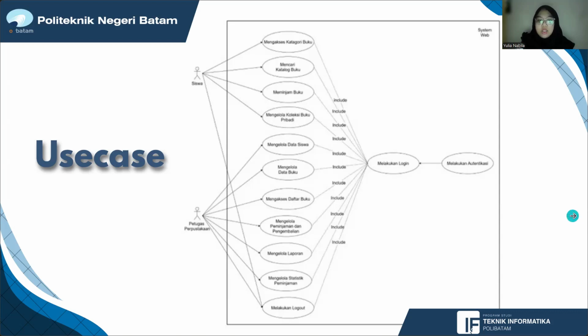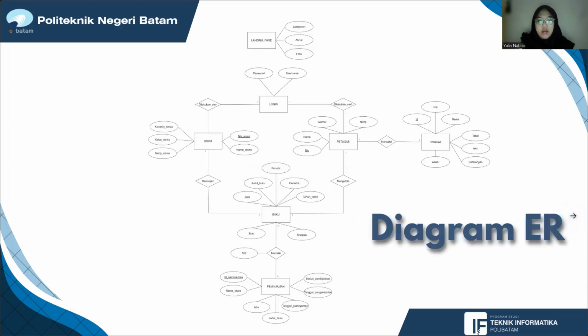And then next we have the entity relationship diagram, or ERD. This ERD shows the database structure and how different entities relate to each other in the library system. The relationships are: students can borrow multiple books, staff can manage books and loan transactions, and the history entity records actions performed by staff.